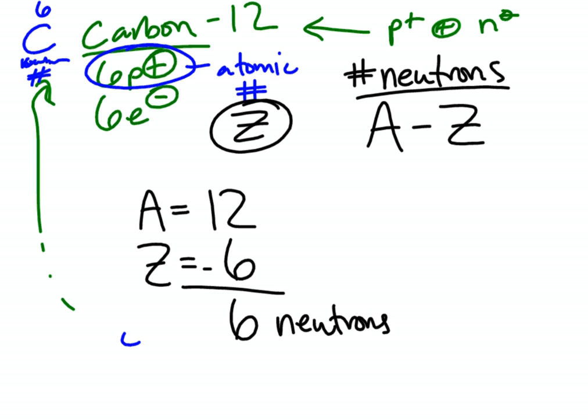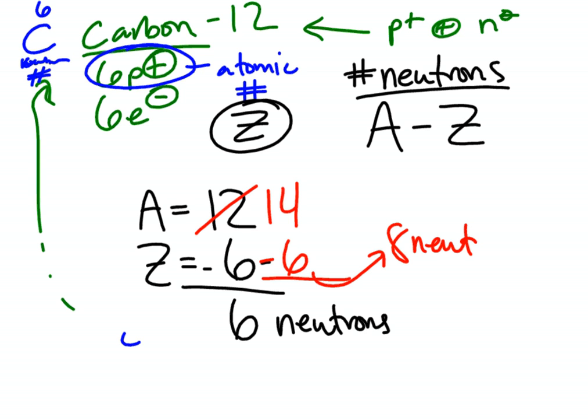If this was carbon-14, that means A would be 14. The Z doesn't change. It's still 6, because if it's not 6, then it's no longer carbon. I subtract these two from each other, and I end up with 8 neutrons.